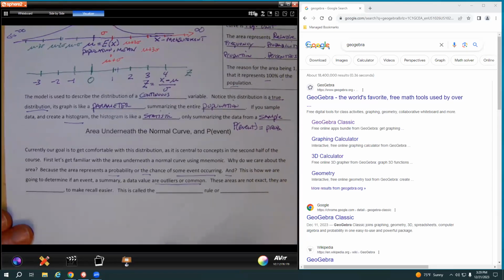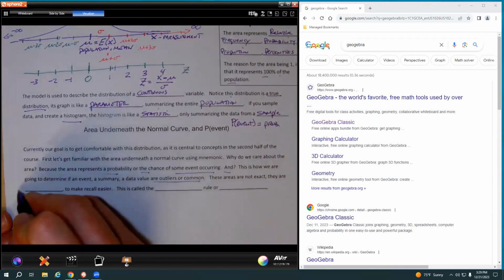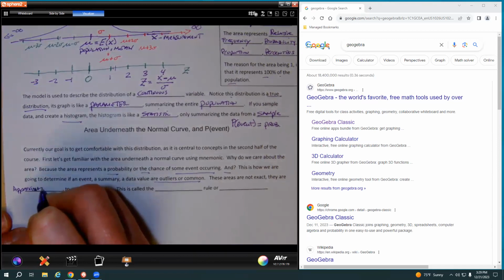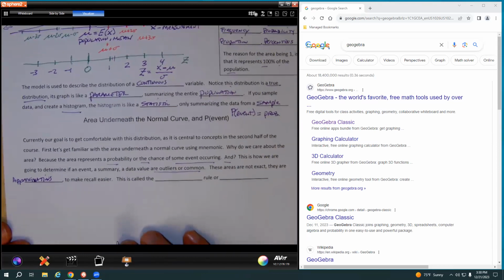Okay, so the areas that I'm about to describe to you are not exact; they are approximations. And yes, you want to memorize these. This makes everything easier to recall. The reason you want to memorize is the same reason you memorize your multiplication table.